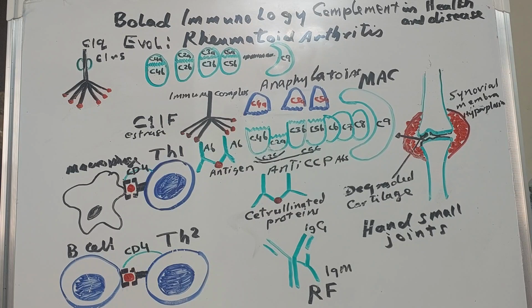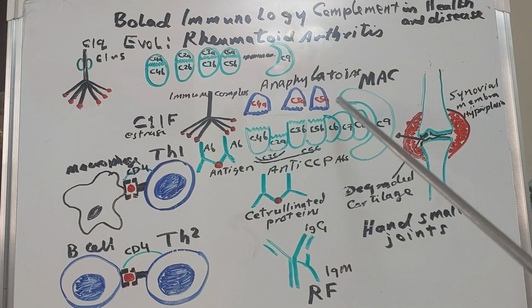toxins, as C4a, C3a. These are short fragments of complement components. They lead to release of histamine. As you know, histamine induces vasodilatation and increases permeability.